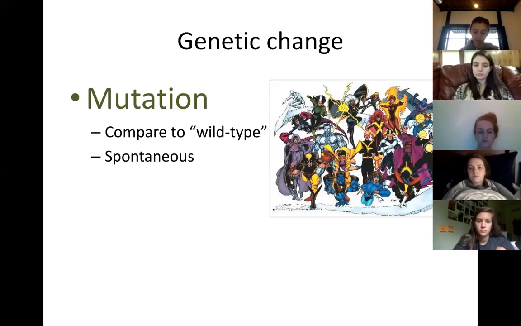There are always exceptions. Some of them may have been induced, right? But spontaneous means it happened without any intervention. So some mistakes were made while their DNA was being replicated or while their genes were being transcribed, and they ended up with these superpowers, all right?